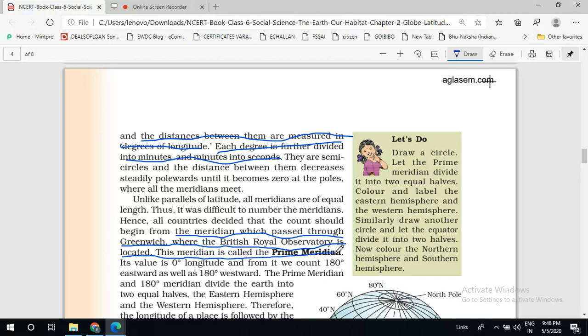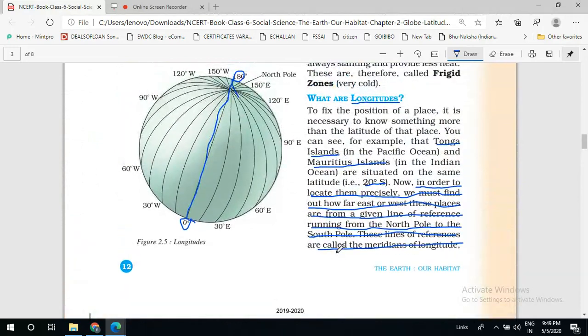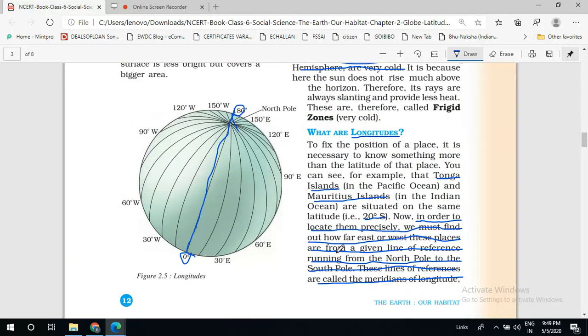The value of this prime meridian is 0 degree. Now this is understood to you, that this 0 degree longitude is the prime meridian. It passes through British Royal Observatory, which is at Greenwich, a place in Britain. So this 0 degree passes through that British Royal Observatory.